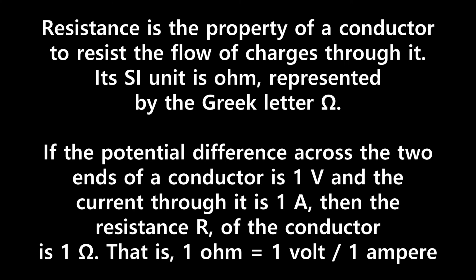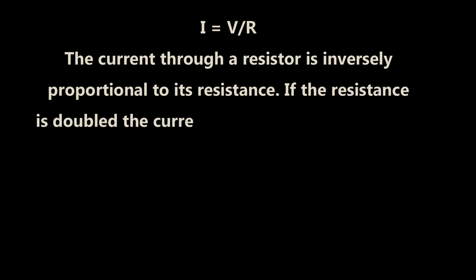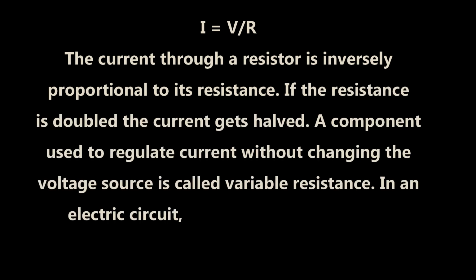If the potential difference across the two ends of a conductor is 1 volt and the current through it is 1 ampere, then the resistance R, that is R equals V divided by I, is 1 ohm, which is equal to 1 volt divided by 1 ampere. That defines 1 ohm. From the same equation we can get I equal to V divided by R.